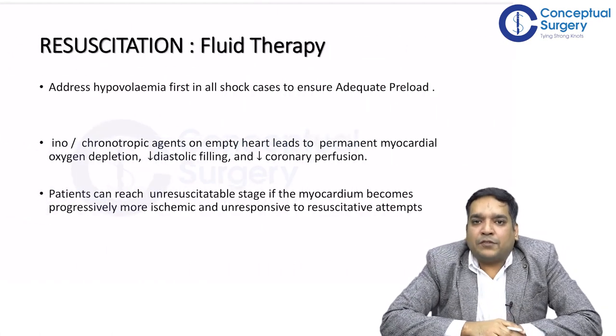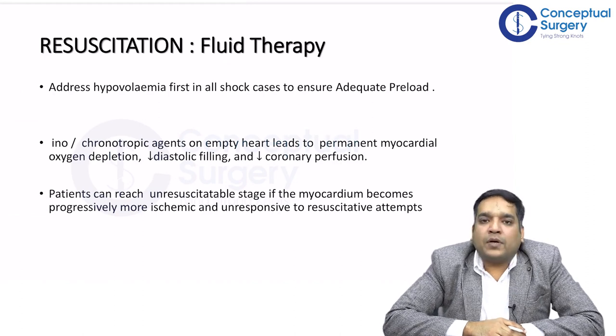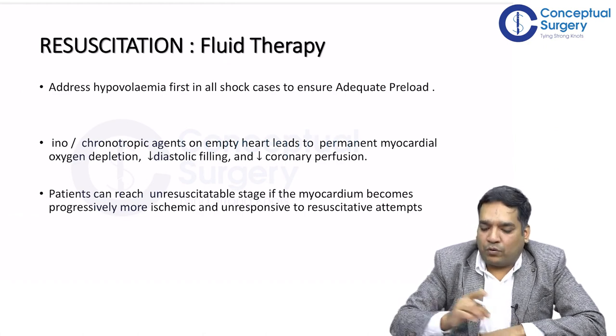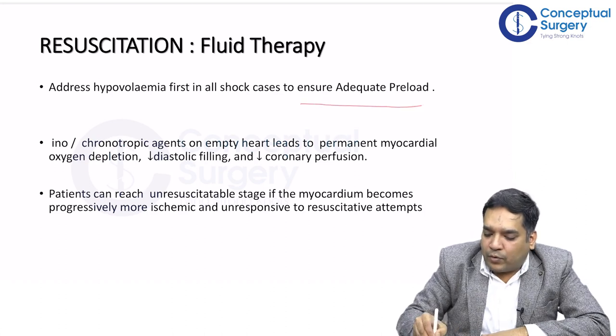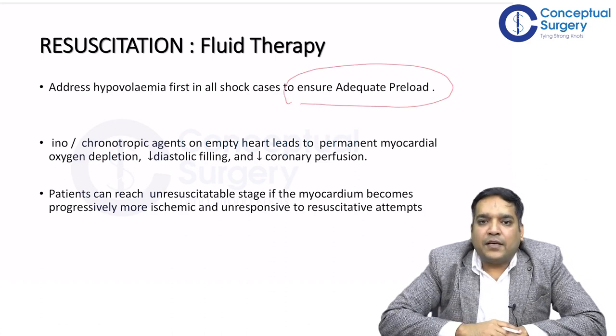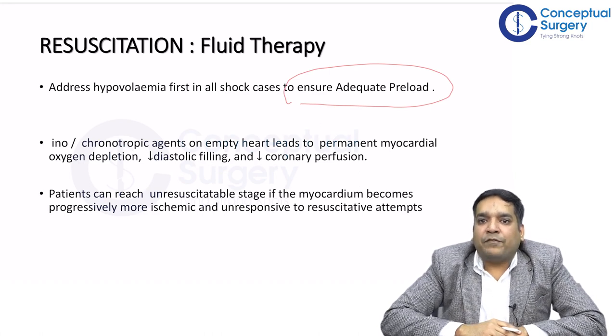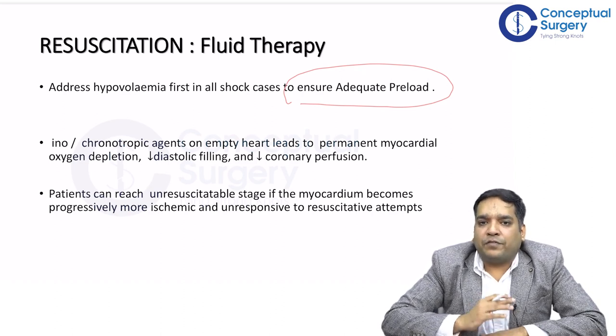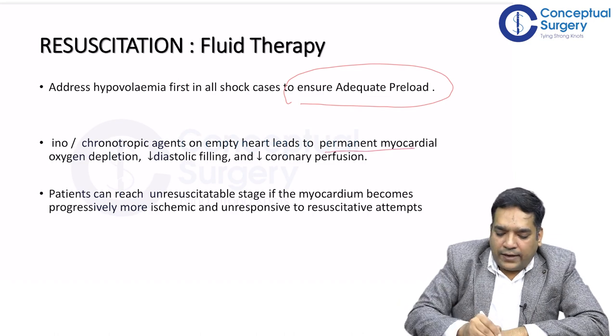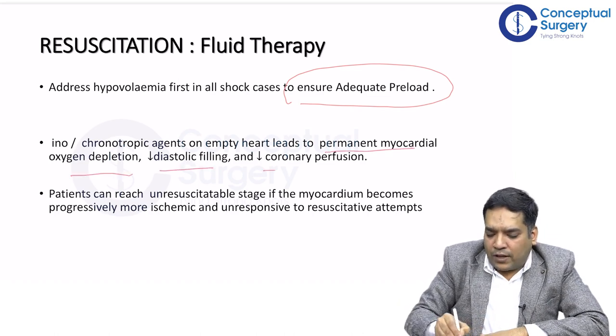So now the next part is fluid therapy. It is very important that in all shock cases, we should address the hypovolemia first so that we can maintain the adequate preload. So what is the importance of adequate preload? It is seen that if we are going to give inotrope or chronotropic agent on an empty heart, it will lead to myocardial oxygen depletion. It will lead to decreased diastolic filling, and it will also lead to decreased coronary perfusion.